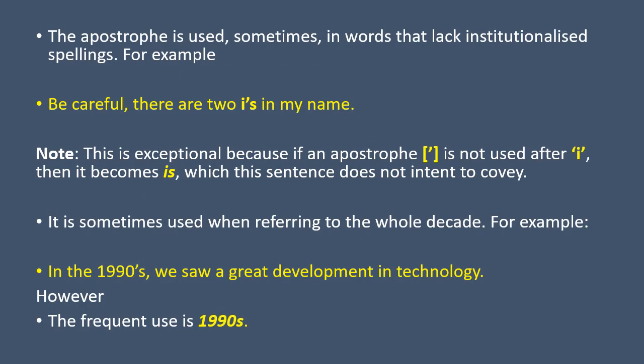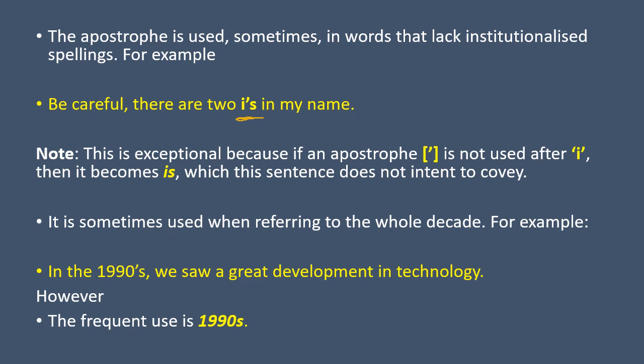The apostrophe is used sometimes in words that lack institutionalized spellings. For example, be careful, there are two I's in my name. Now here, it's very interesting to understand. You have to use an apostrophe and s to make it plural. But this is a very rare example.